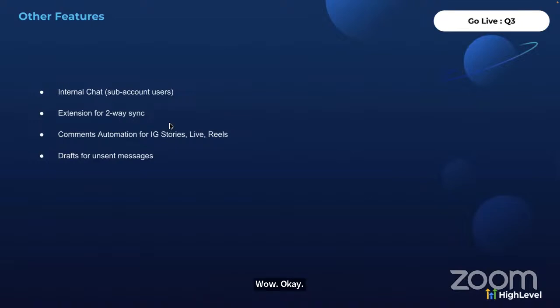And the next one that we have is the extension for two-way sync. If you are still using your Gmail inbox or Outlook inbox from your web browser, Chrome browser, you will have an add-in or extension that you can install to your inbox. Using that, you can automatically log the email.